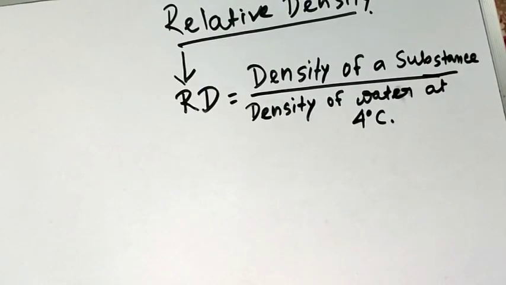So the definition of relative density is, this is the ratio of the density of a substance to the density of water at 4 degree centigrade.